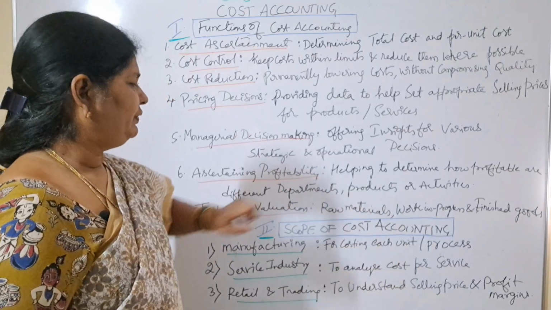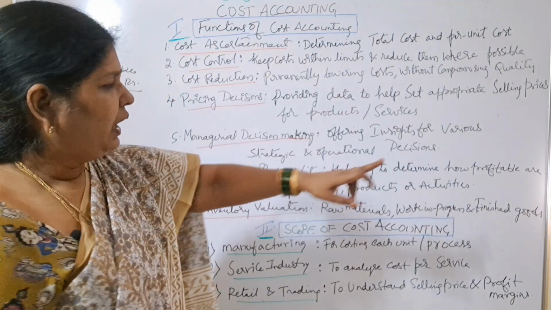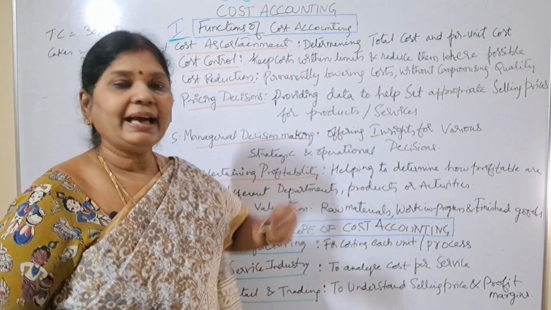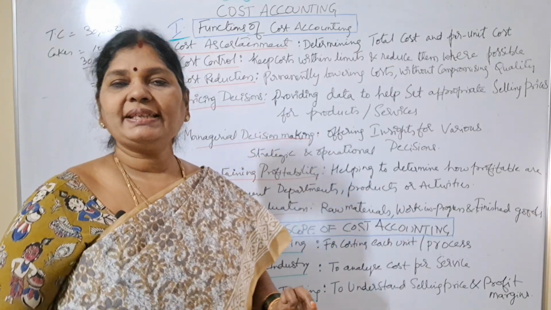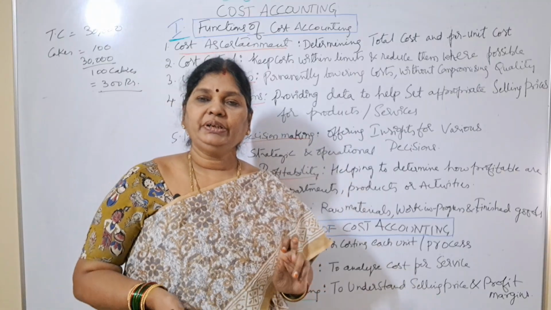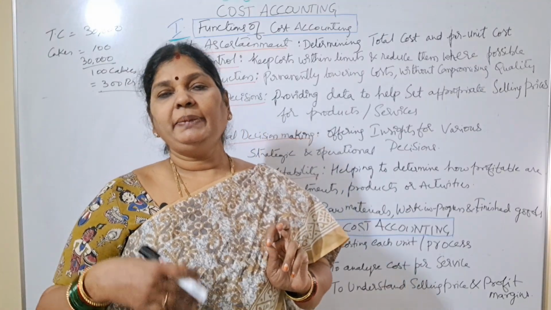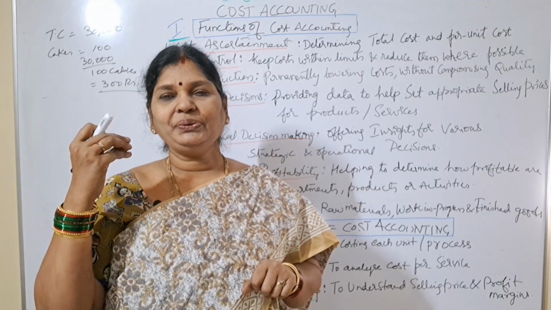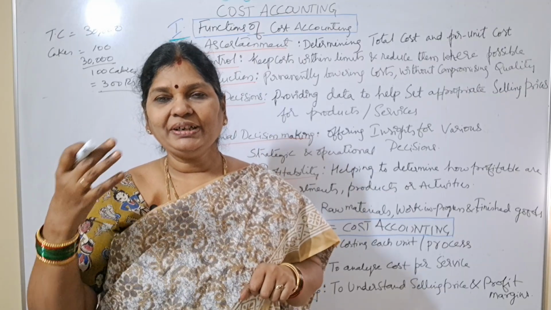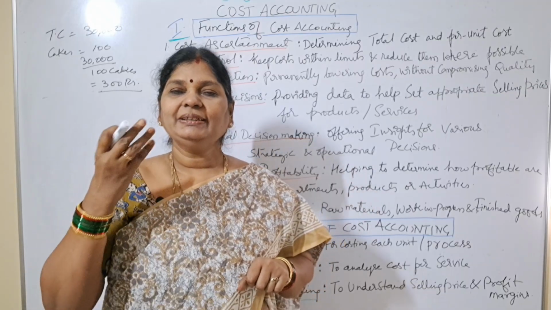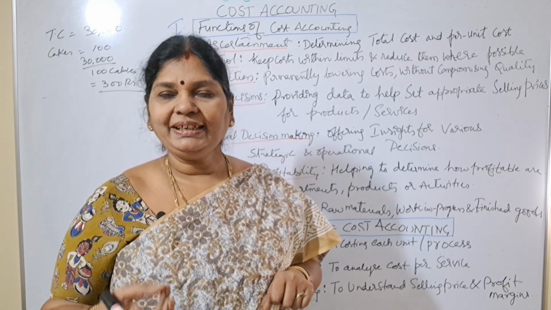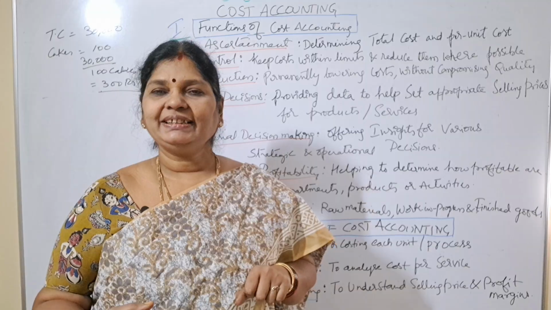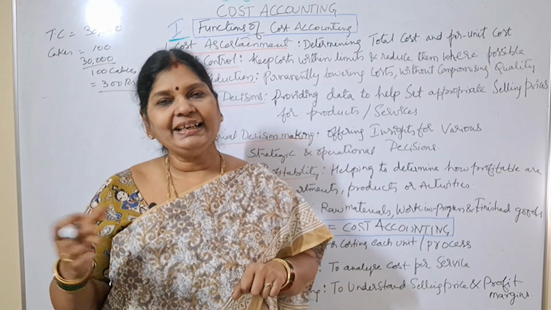Next, ascertaining profitability, helping to determine how profitable different departments, products, or activities are. Say, if you take the example of Amul, Amul is making different dairy products. If you hear the word Amul, what will you remember? You will remember chocolates, paneer, ice creams, curd, lassi, srikhand, cheese, etc. Right?